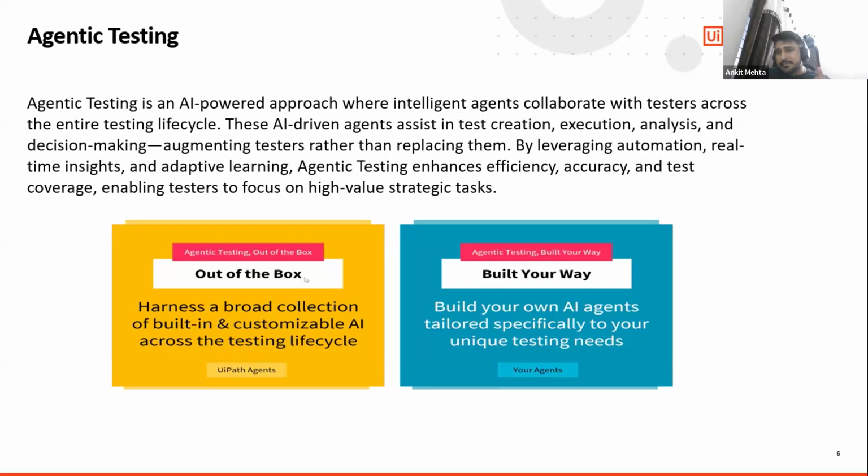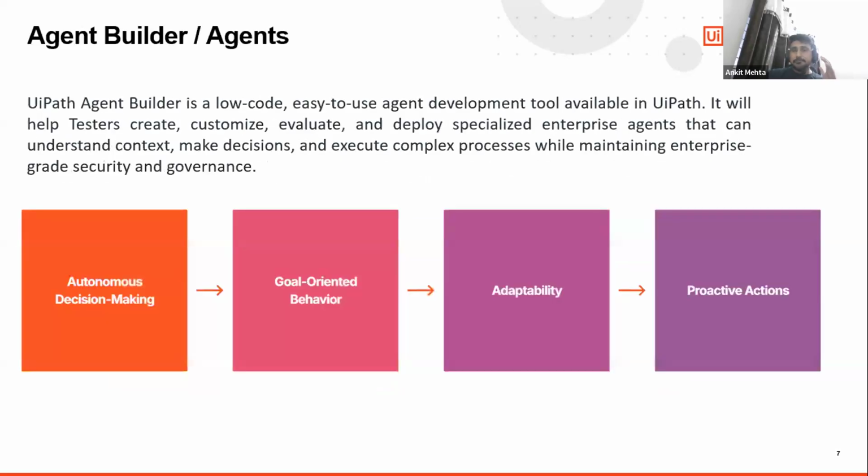We have already seen how we can create our agents in our previous sessions, right? Now with the help of Agent Builder, we can create our own agent. This is basically a low code development tool.